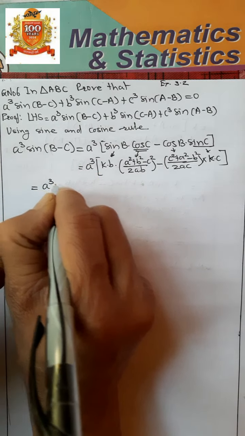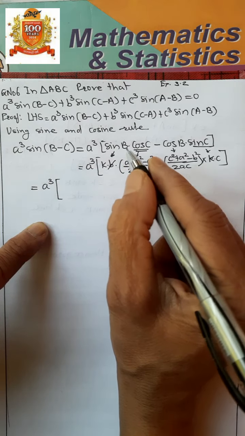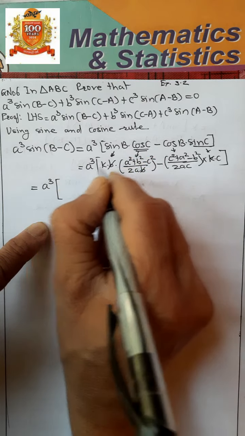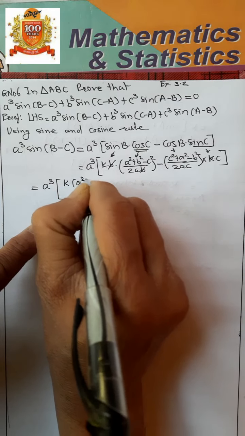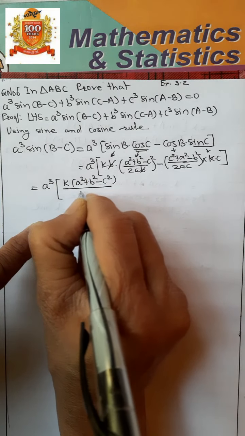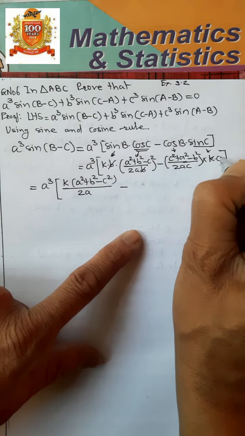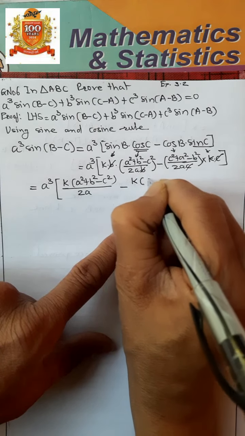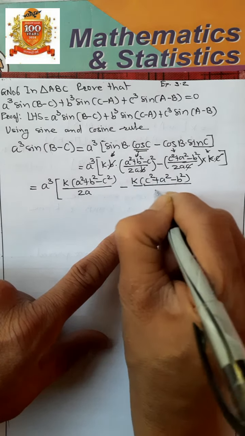Therefore, we get a cube in bracket. This b gets cancelled. What is remaining? k in bracket (a square plus b square minus c square) upon twice a is remaining here. Minus, here c gets cancelled. What is remaining? k in bracket (c square plus a square minus b square) upon twice a.